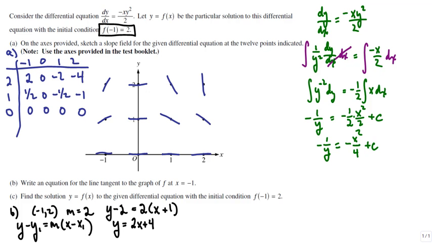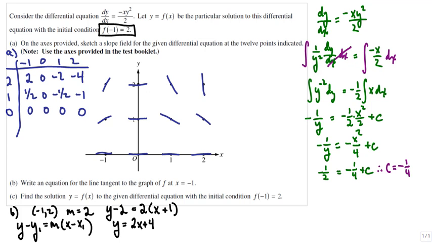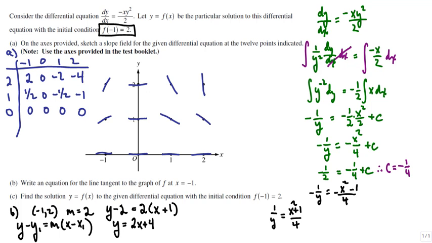And when I do that, I get negative 1/2 is negative 1/4 plus c, so c is equal to negative 1/4. So I can multiply both sides by negative 1, and my final step really is just to flip those, and I end up with y is equal to 4 over x squared plus 1, and that's my final answer there. So that takes care of this entire problem.